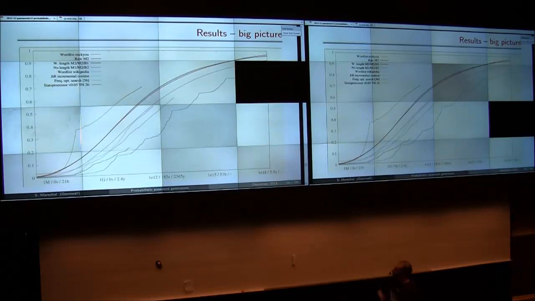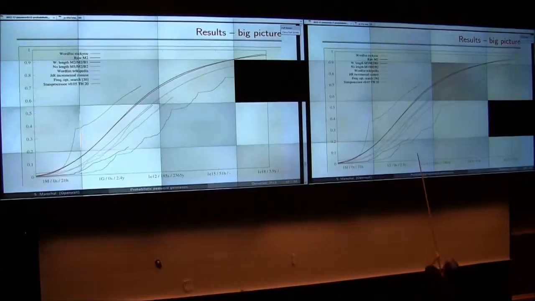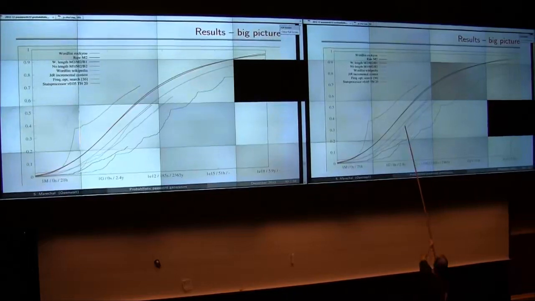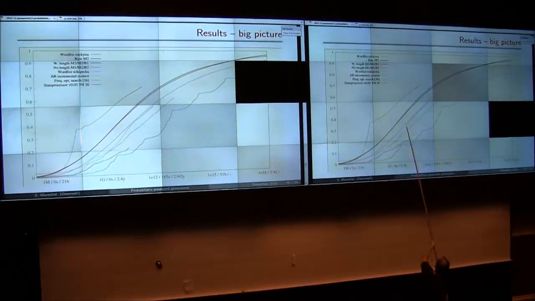In that case there are quite a lot of rules, and I will talk more about it later. The blue one is also using wordlist, but with a less effective dictionary, which is the old Wikipedia dictionary.